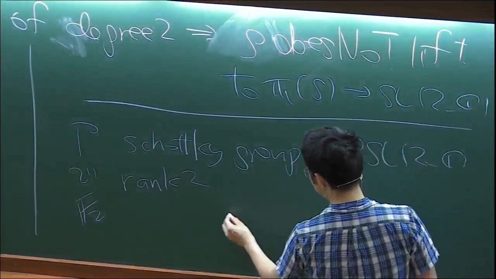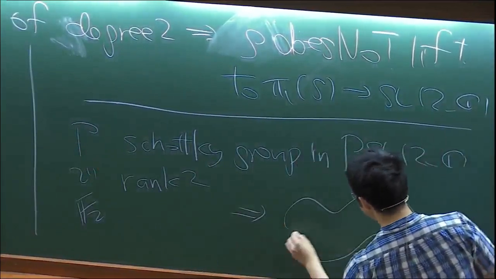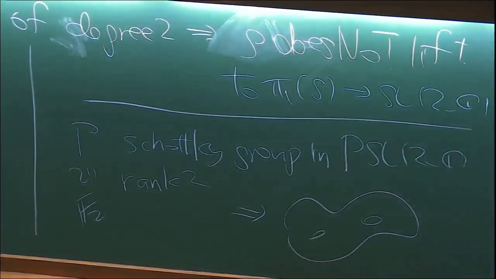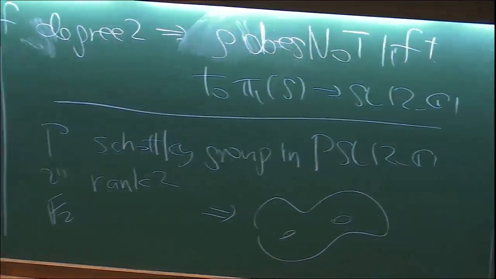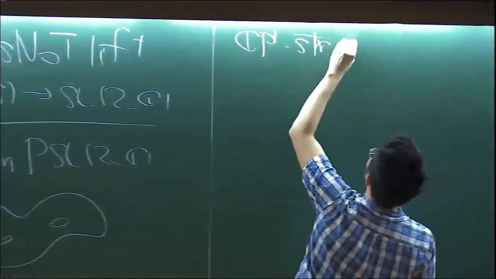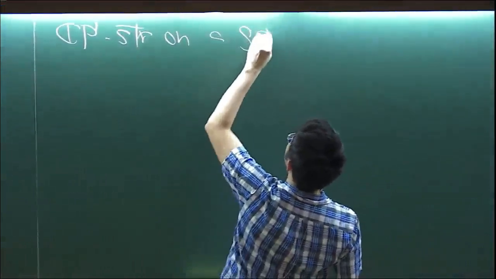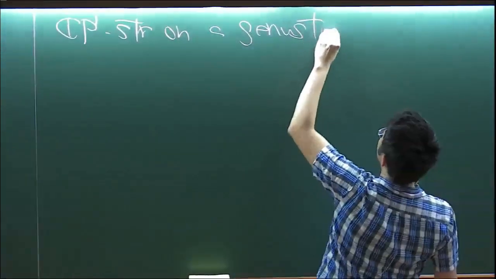You can construct a CP1 structure on a genus 2 surface.